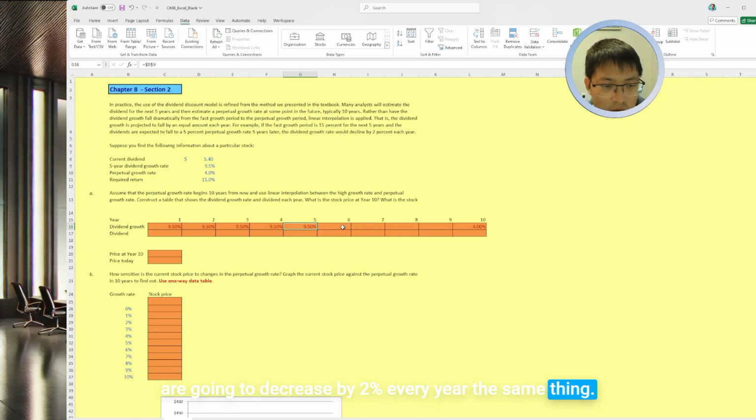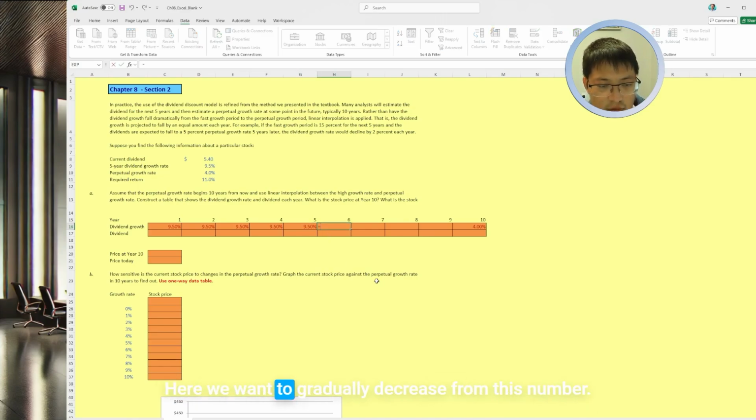The same thing here. We want it to gradually change from this number, by how much? So this is how much? The difference between the high rate versus the low rate, over the couple of years, from year 5.